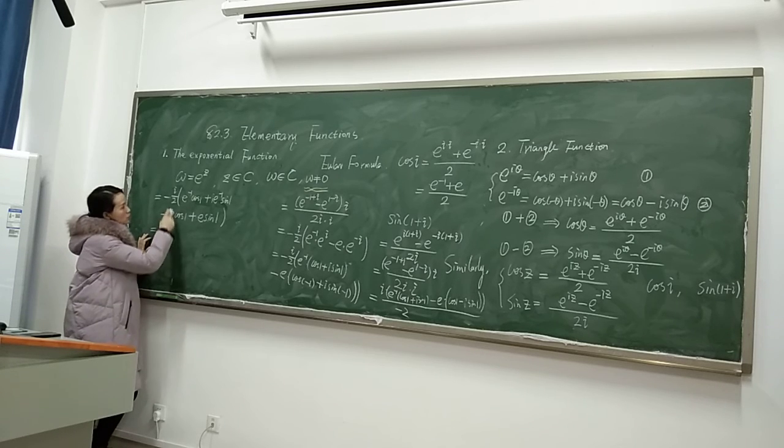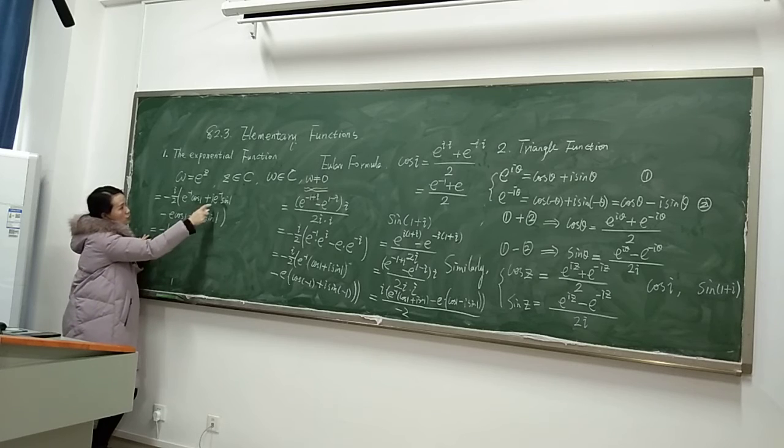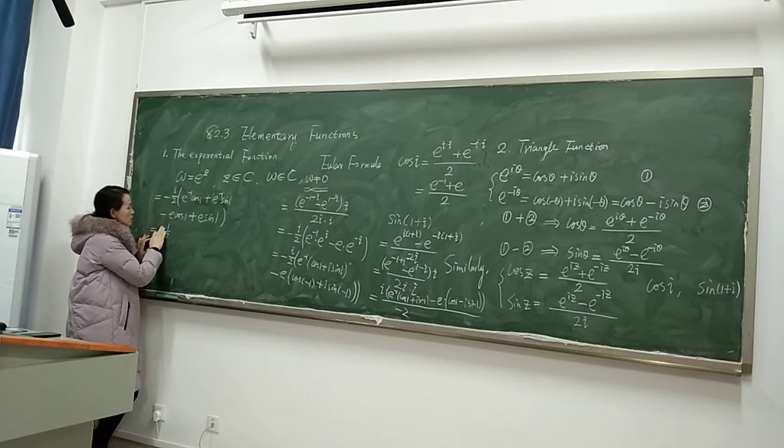We can obtain the real part is minus 1/2. Here I squared is also minus, so this is plus, e minus 1 sin 1.